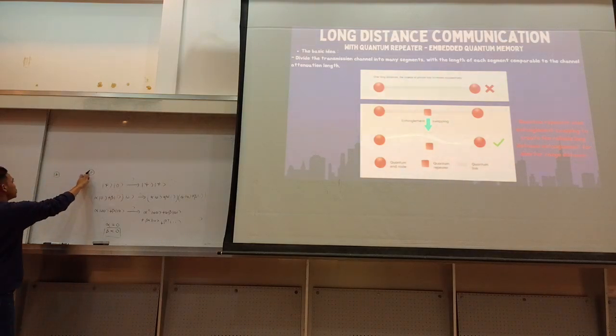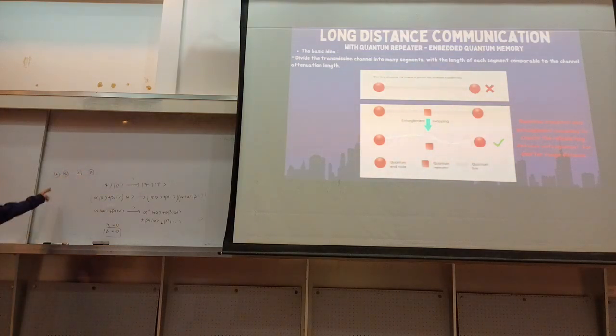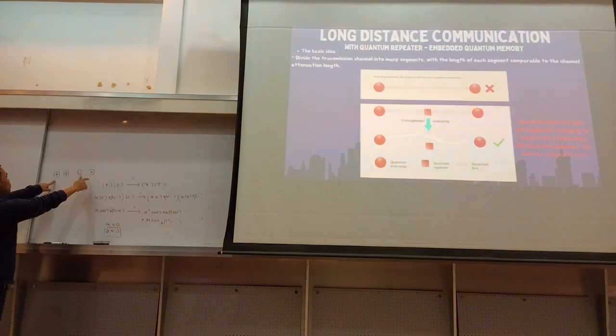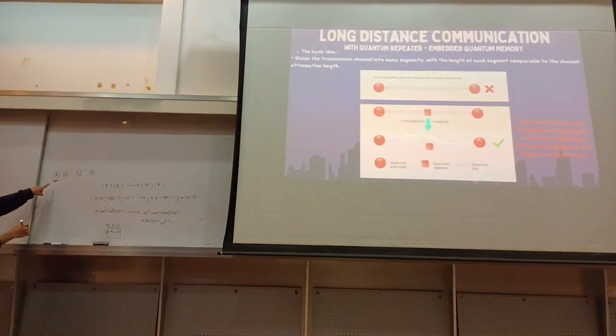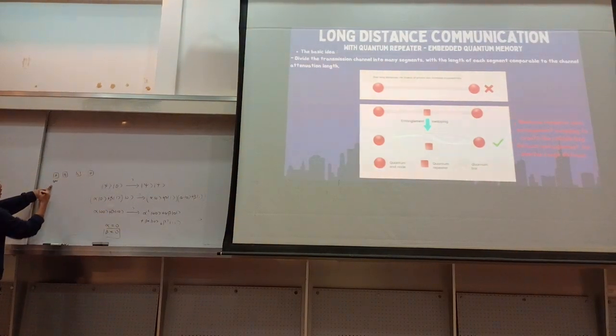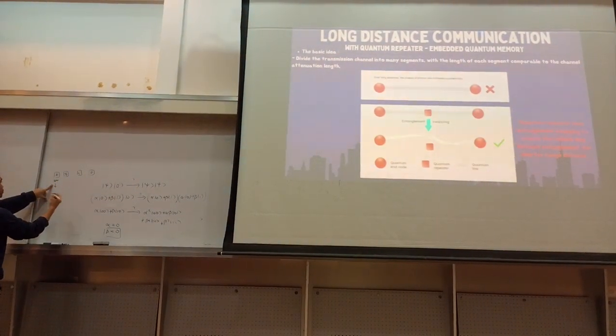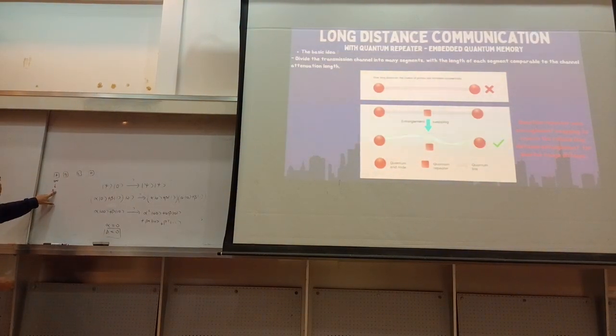So which means we have maybe B and C, so we divide them. But this is not interconnected yet. So our aim is to connect this and this. This is basically the quantum memory. This is quantum memory using atomic ensemble for my discussion or presentation today.